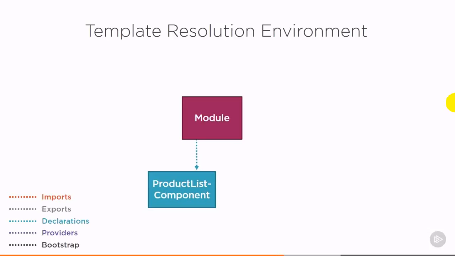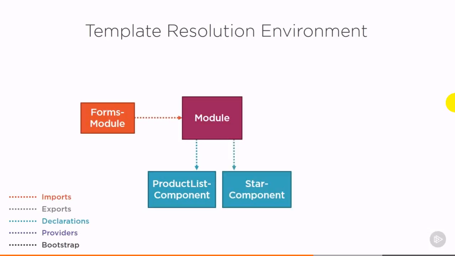Let's look at our product list component as an example. The product list components template uses ng-model, so ng-model must be available within this module. We achieve that by importing the Angular Forms module. The product list components template also uses a directive we created, the star component, so the star component must be available within this module.